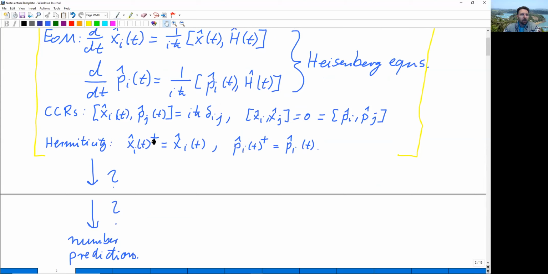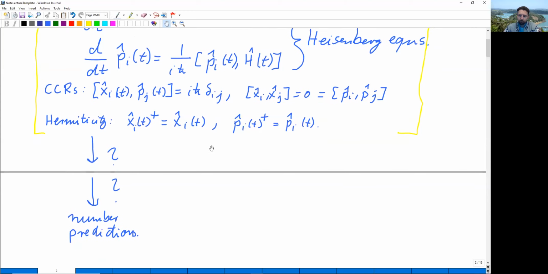But what could these solutions even look like? What kind of mathematical objects could the x hat of t and the p hat of t actually be? We know what equations they have to obey, but we don't know yet what nature the solutions could be. We just know they can't be number-valued functions. So what could they be?